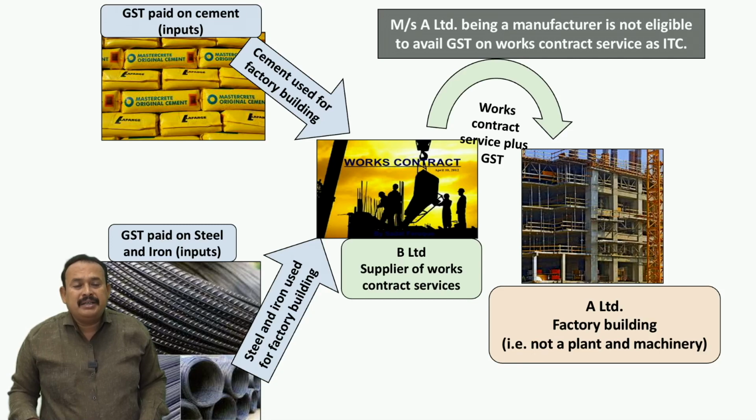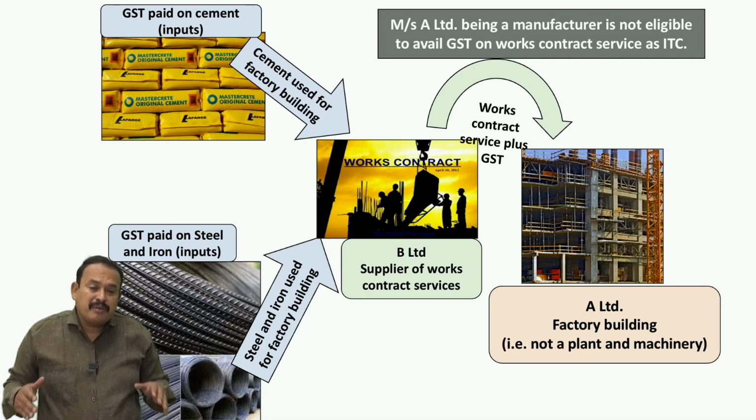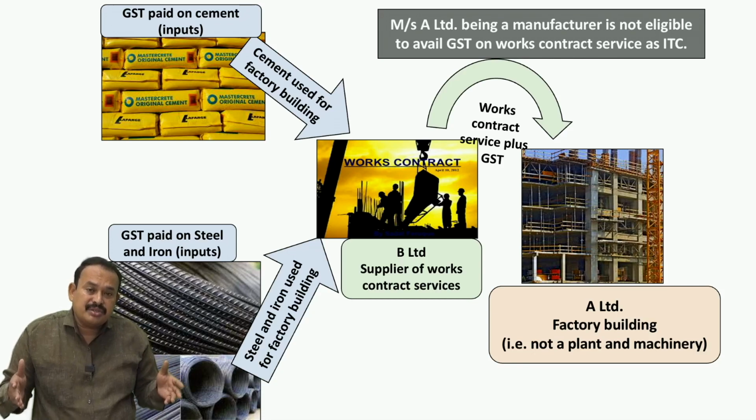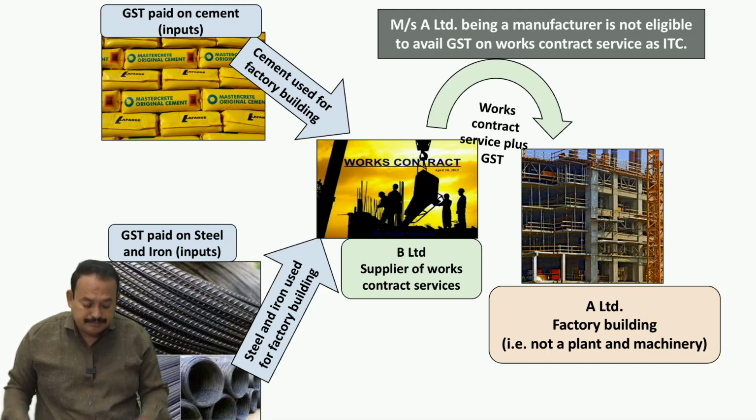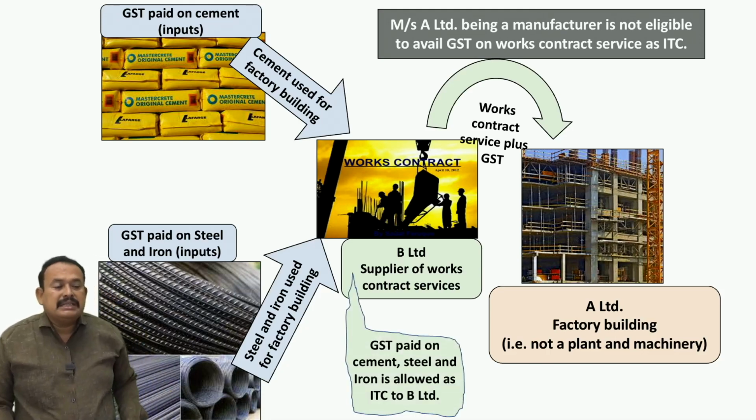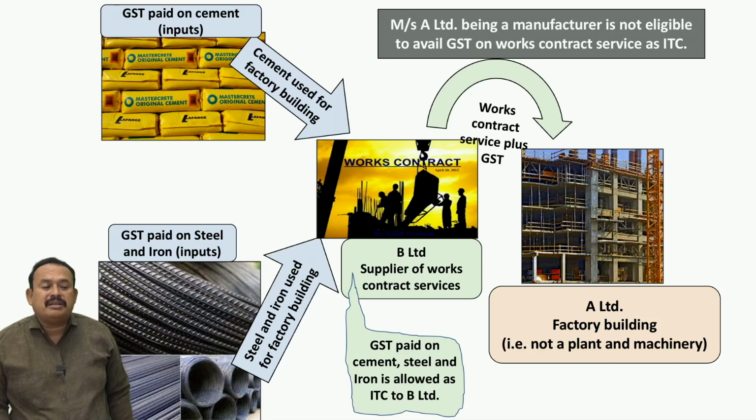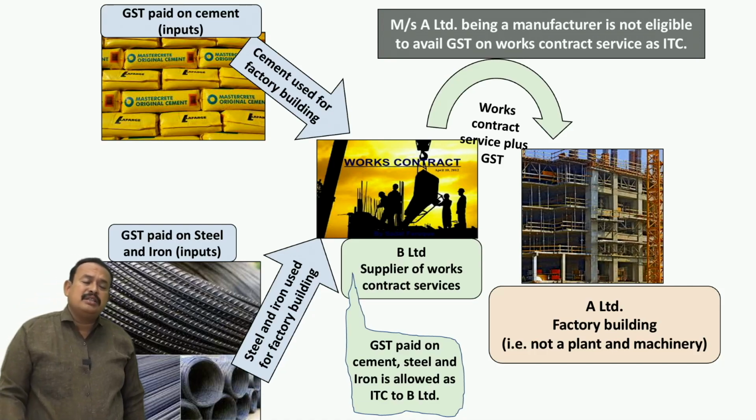B Limited, you are a works contractor providing works contract services. For you, your input supply qualifies for ITC. GST paid on cement, steel and iron and so forth is allowed as ITC to B Limited.